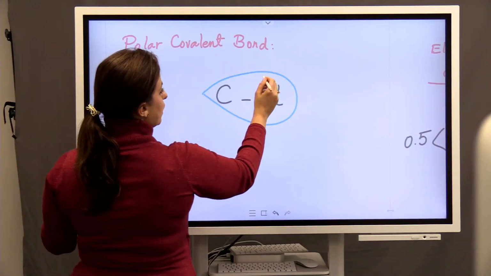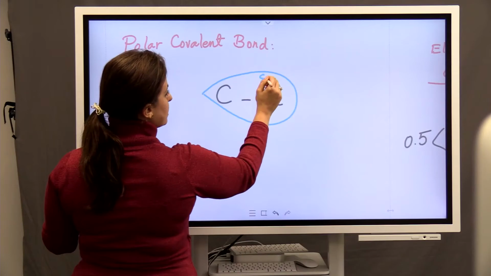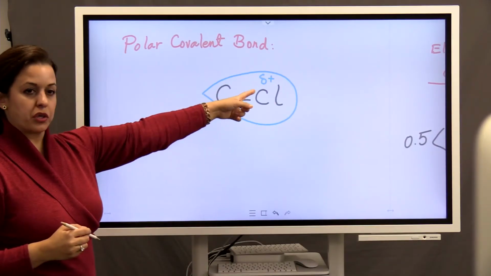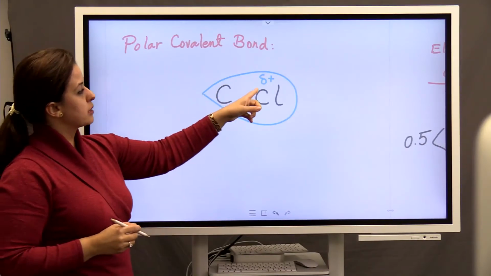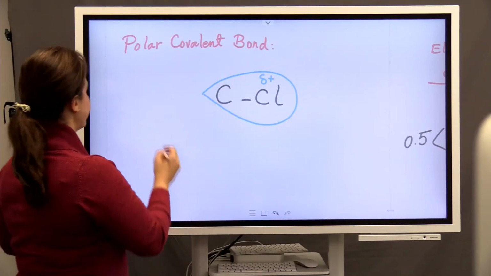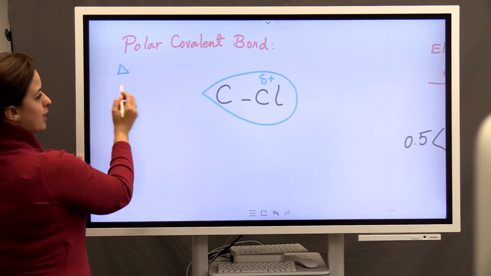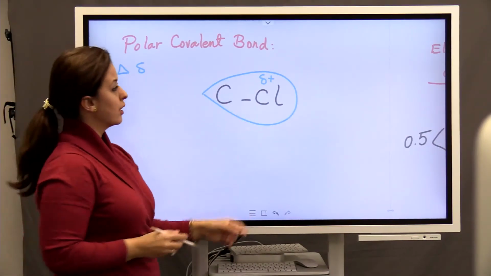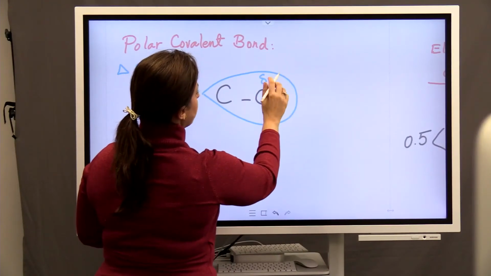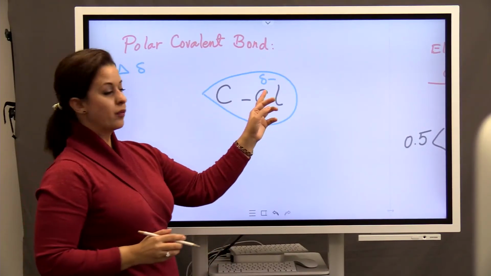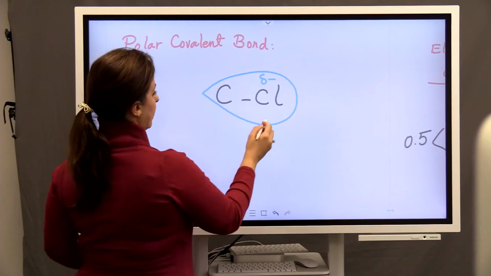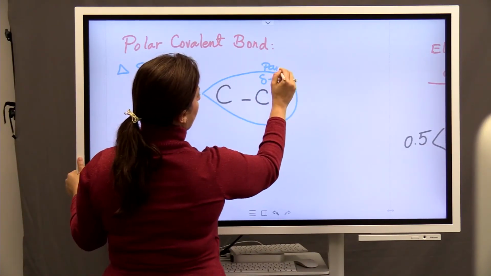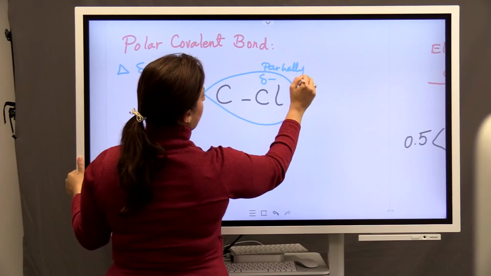So we put a partially positive, we call it partially positive. It's a delta notation. It's a Greek alphabet letter, the small delta. The capital delta was this, right? The small delta is this. So we put a delta notation on, this is negative. On chlorine, we call it partially negative.